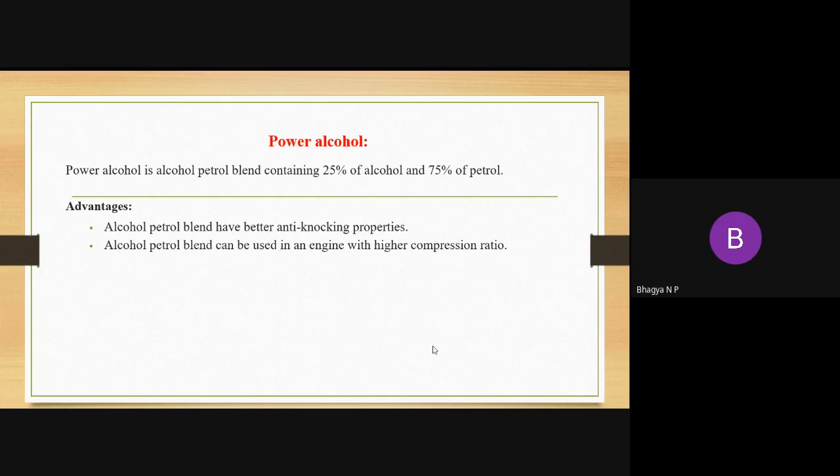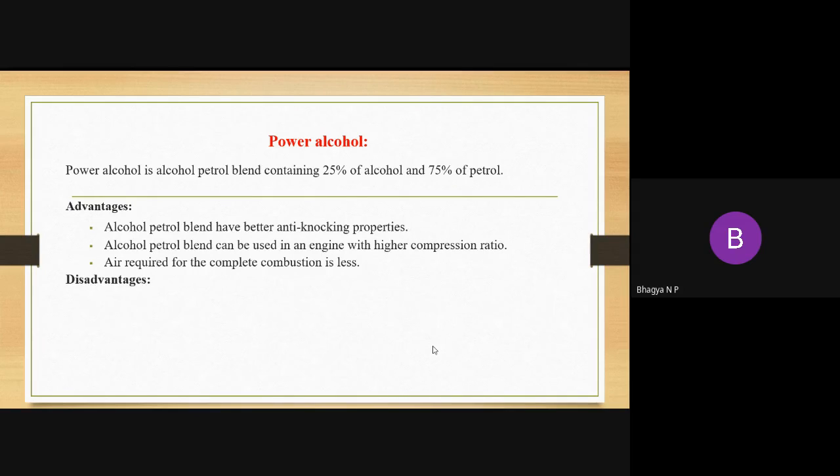And this alcohol petrol can be used in an engine where the compression ratio is more. And because of the presence of alcohol, the amount of air required for the combustion of petrol is very less. So these are the advantages of the power alcohol.